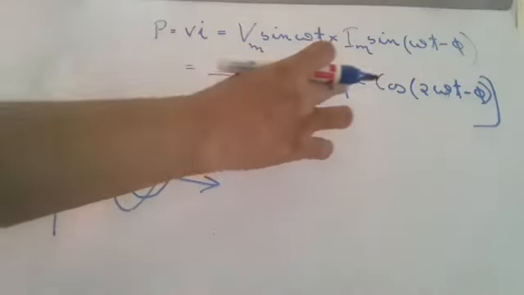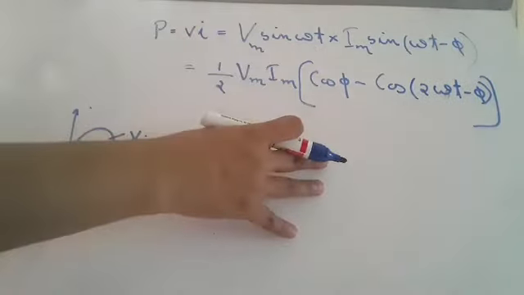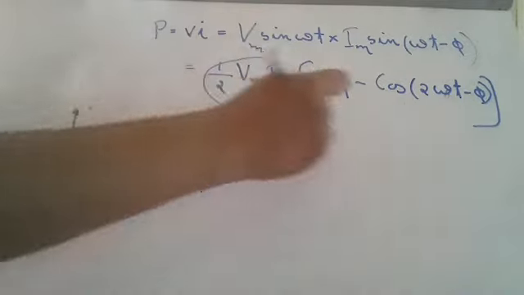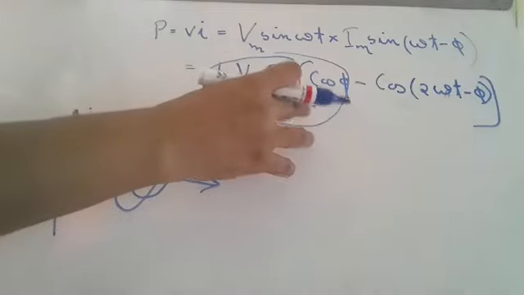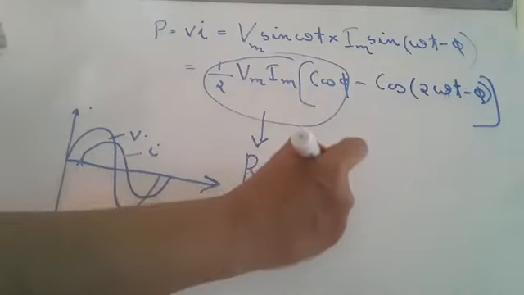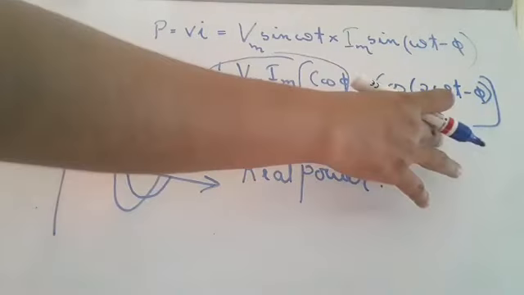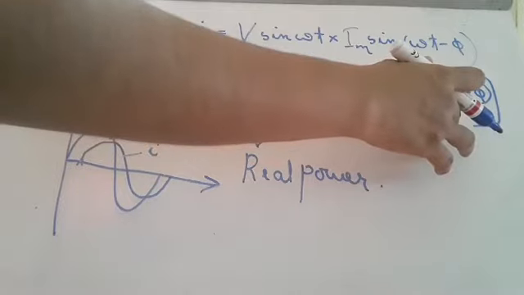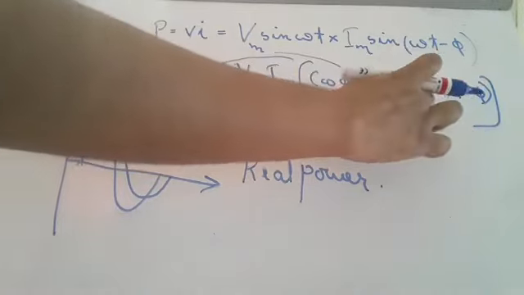So obviously this power consists of two parts. A constant part which is half Vm Im cos phi, which contributes to real power. And a pulsating component, which is a double frequency component with a frequency twice that of the voltage and current.